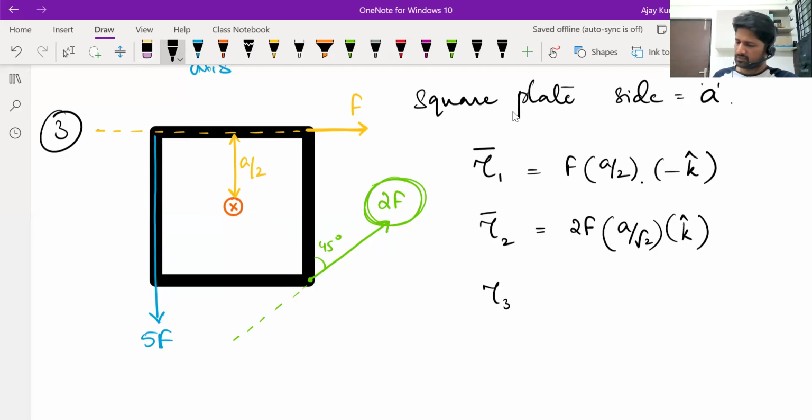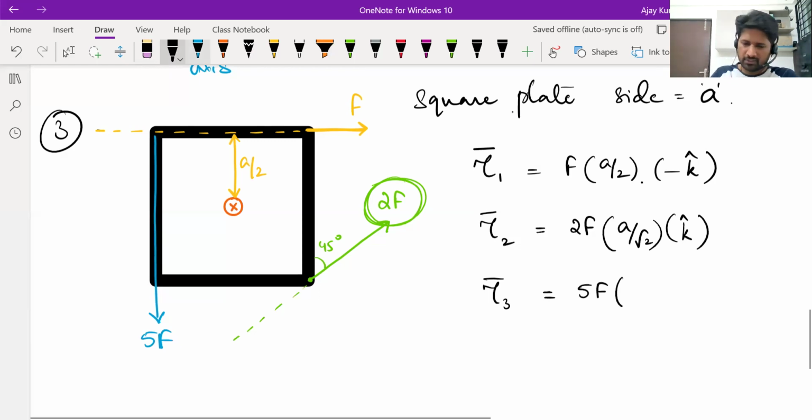Next, torque produced by the third force. Aishwarya, can you tell me how much torque it produces? The force is 5F. What is the perpendicular distance and in which direction is the torque? Sir, A by 2 into 5F.